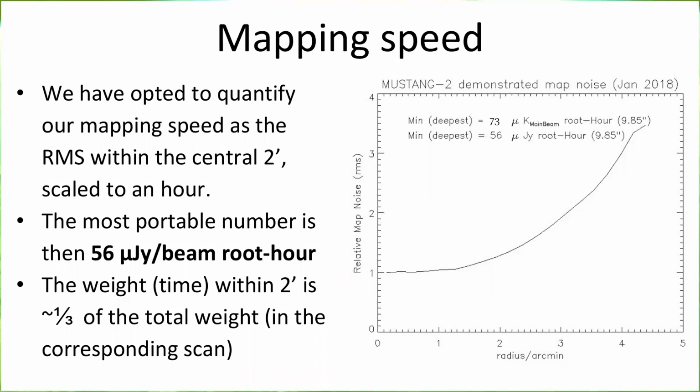But given that almost all of our observations go with a Lissajous pattern of roughly 2.5, 3 arc minutes in radius, we've been happy to put out this number in a mapping speed based on that scan strategy for observers to use. So 56 microjanskis per beam in an hour.